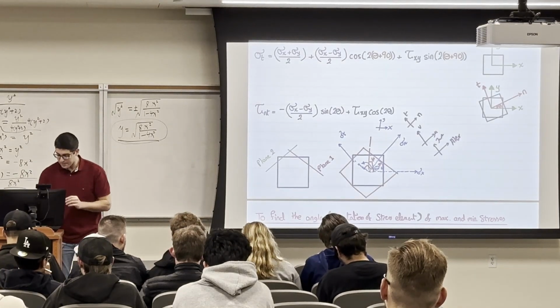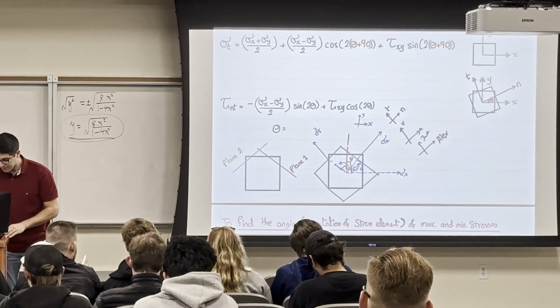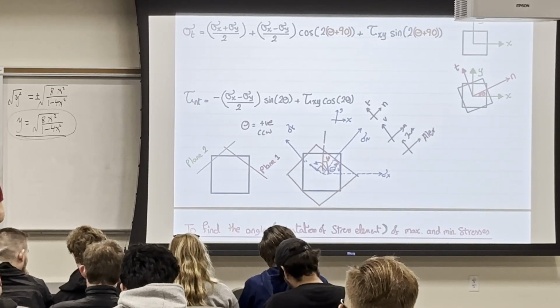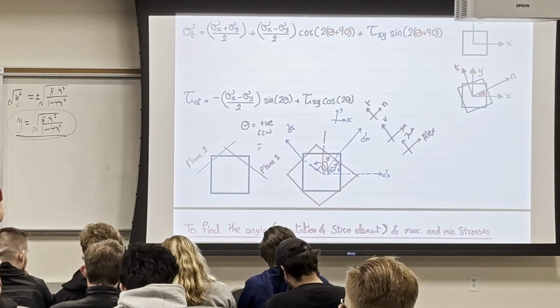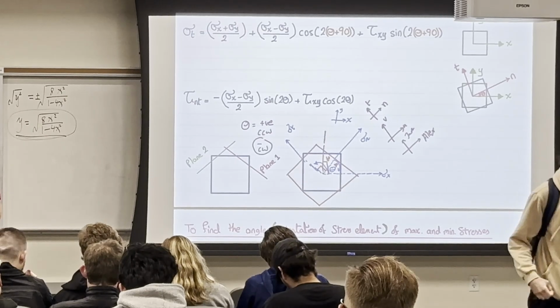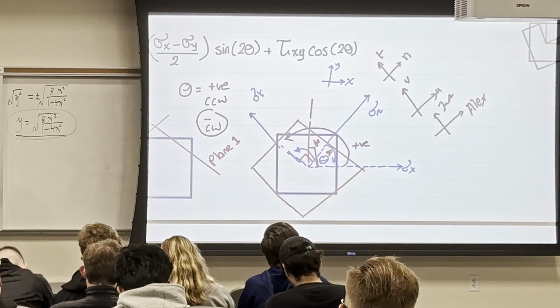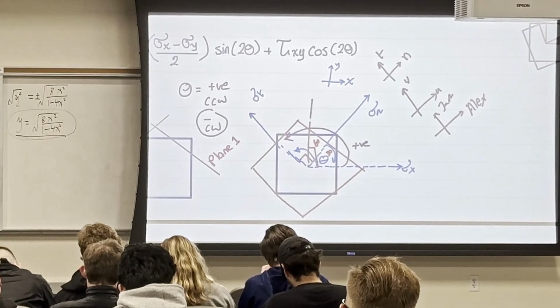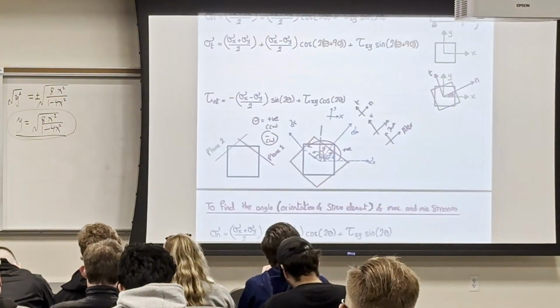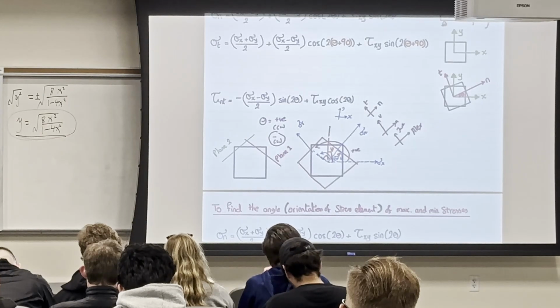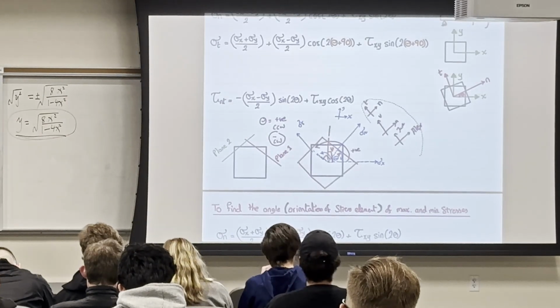And it's going to be positive if it's counterclockwise, and negative if it's clockwise. So if we rotated it that way, that is positive. If we rotate it clockwise, that's when it's going to be negative. So nothing new so far. What I said right now, you already heard before.